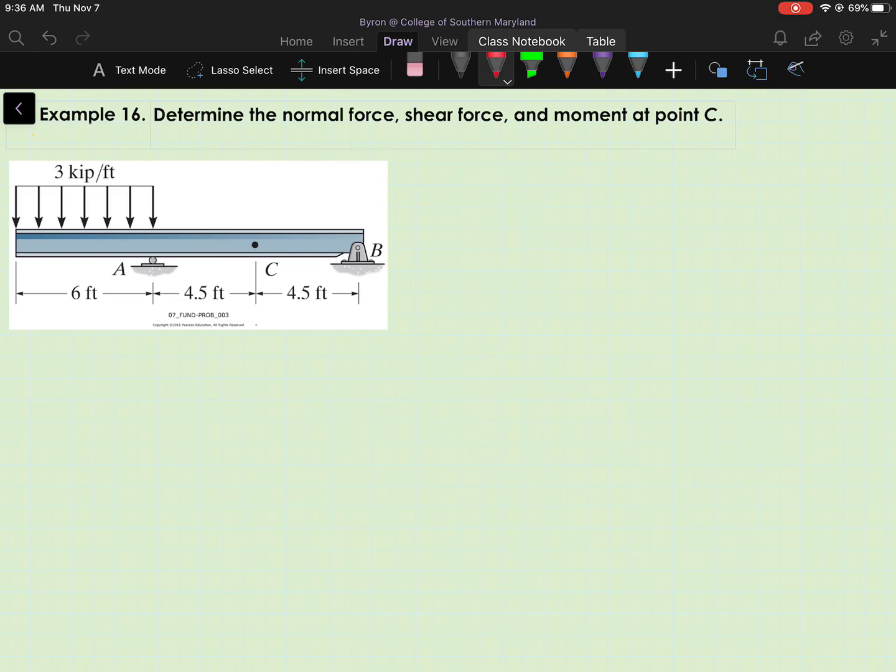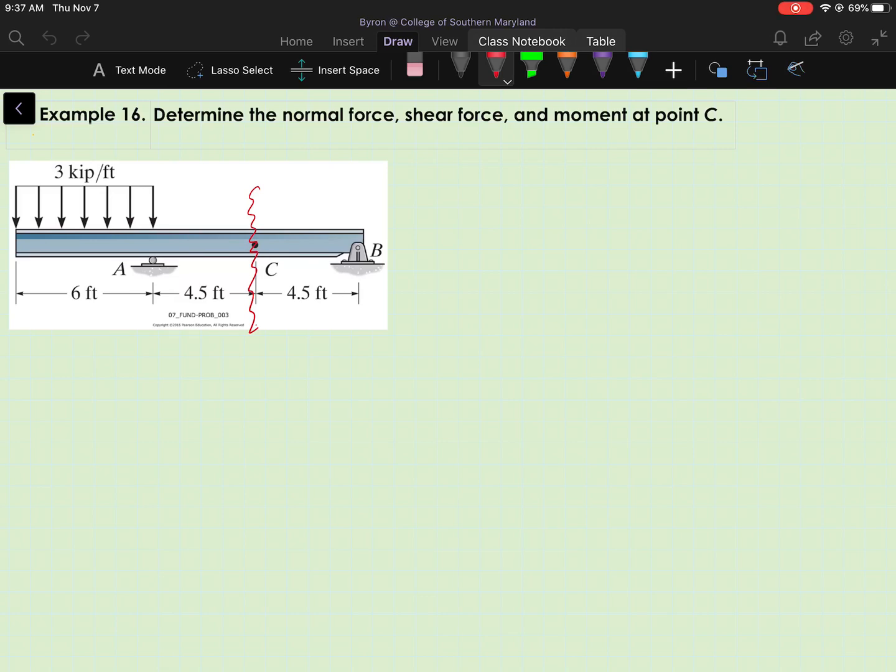So this is a 2D case, and we're going to start the problem by taking a cut through the point of interest, which is at C, and then looking at the segment of the beam to the left of the cut and the right of the cut and determine which side we want to work with.